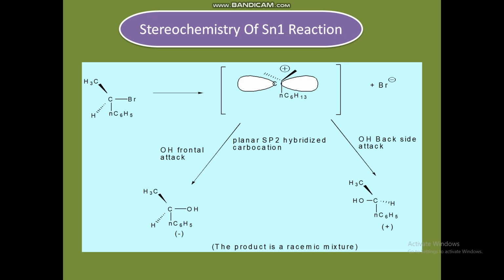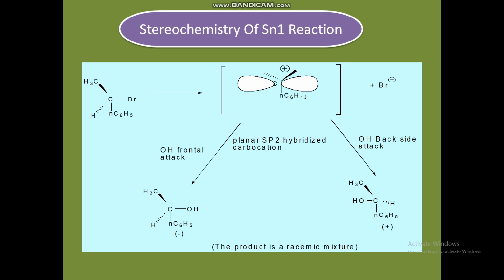In the stereochemistry, a planar carbocation intermediate is involved, a planar sp2 hybridized carbocation. It can be attacked by the nucleophile from either side.